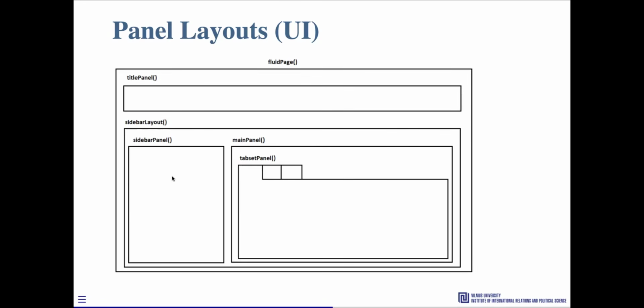It's going to be on either the right or the left, depending on the order, and a main panel. Inside this sidebar panel, for example, if you want to put your slider here, well, the input slider function should go inside this function, which will in turn go inside this function, which will go inside of this function, but below this function here.